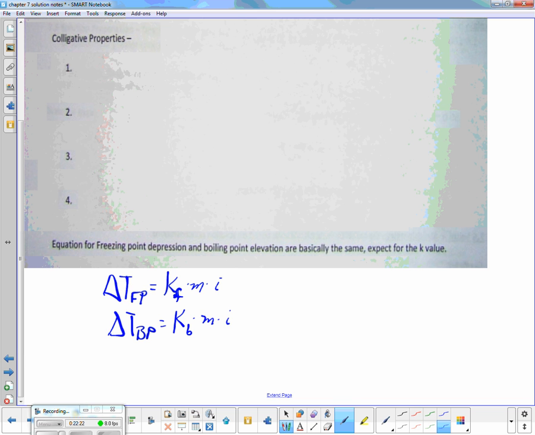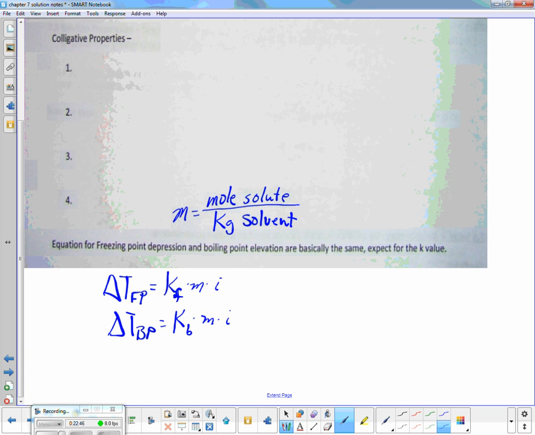KF. Now remember that molality is equal to moles of solute divided by kilograms of solvent. So it's a little bit different than molarity. Molarity was moles of solute divided by liters of solution. Molality is moles of solute divided by kilograms of solvent.